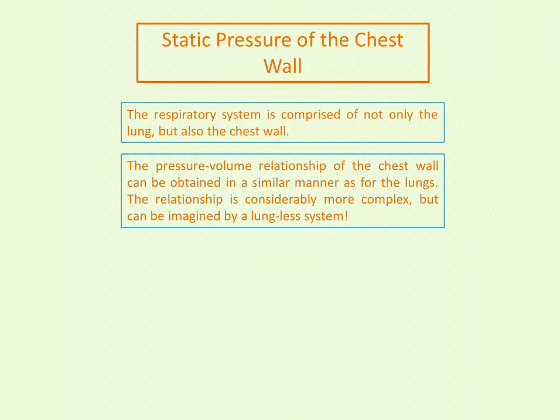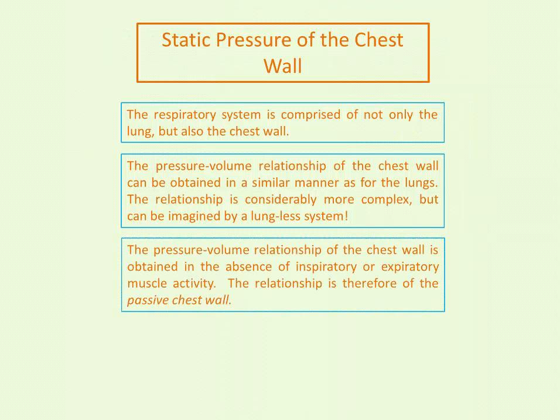The relationship is a little bit more complex, but you can kind of imagine this by imagining a hypothetical lung-less system. If you were to just take the thorax itself and monkey with its pressure-volume characteristics and graph that, then you could create a similar curve for the chest wall as you did for the lungs.